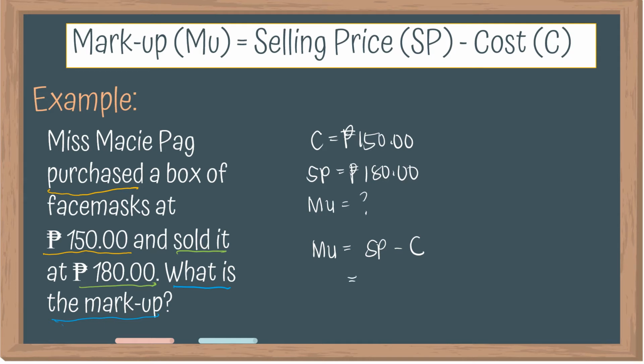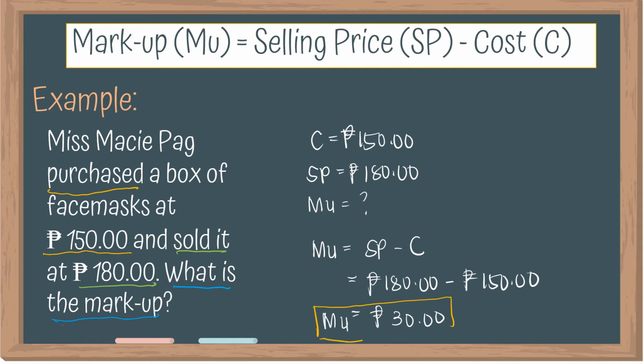Substituting the values to our formula, we have the selling price of 180 pesos minus the cost, which is 150 pesos. Getting the difference, 180 pesos minus 150 pesos, that will give us 30 pesos, and this now will be our markup. This now will be our final answer.